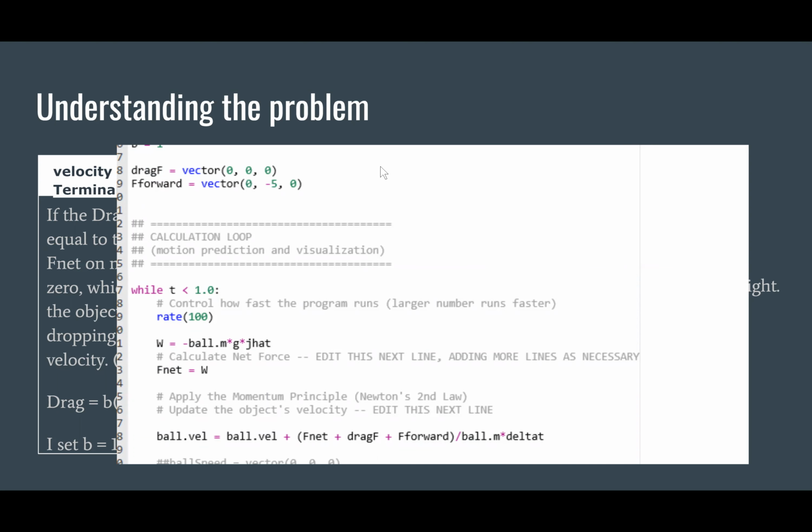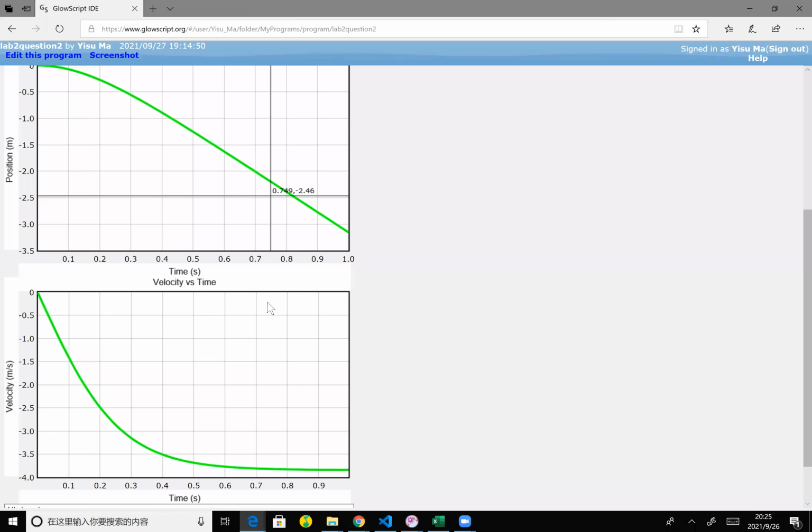So you can see from the result, the final velocity is larger. I mean, the absolute value of the falling velocity is larger than the previous computational models, but it will still finally become constant. So it's larger, but it will still be constant.